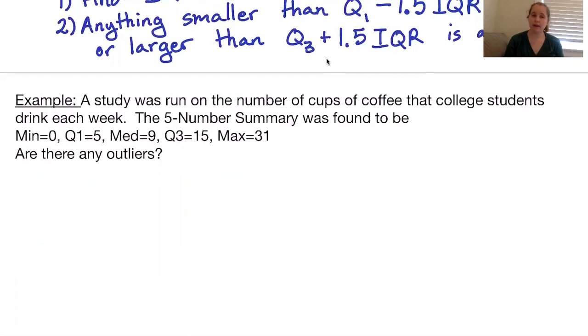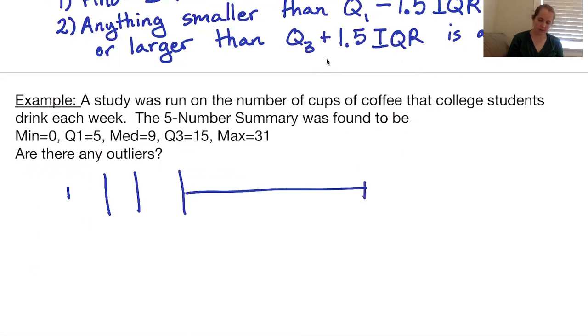We want to know if there are any outliers. So we could look at our box plot. So again, we had 0, 5, 9, 15, and then we had quite a stretch to 31.